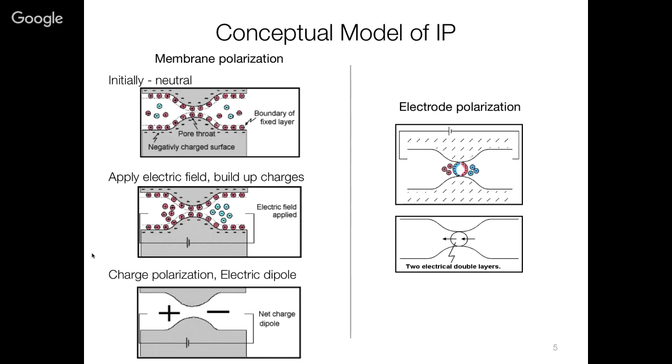So what's going to happen to this if I now apply an electric field to it? Let's suppose I apply an electric field like this. What's going to happen? The easy way to think about this is how could I apply an electric field in a particular direction?